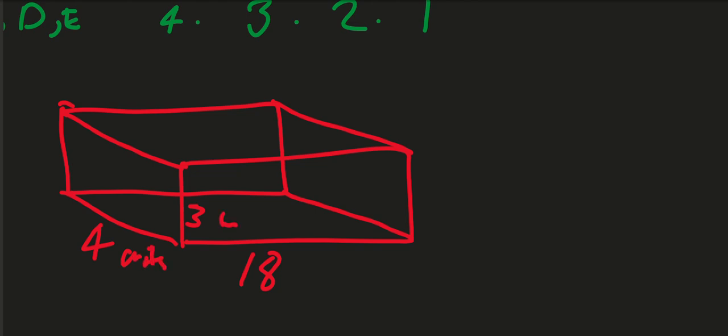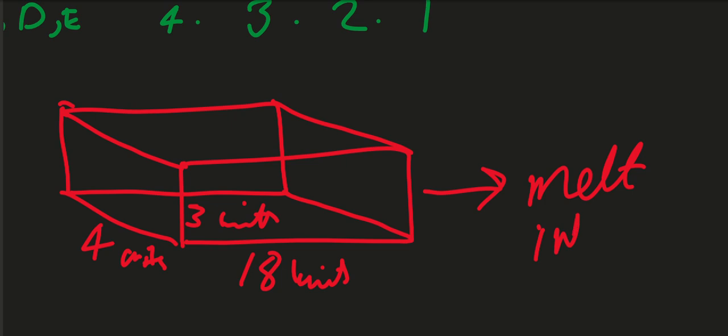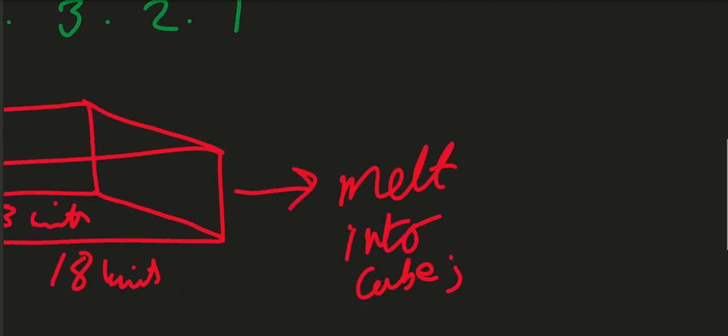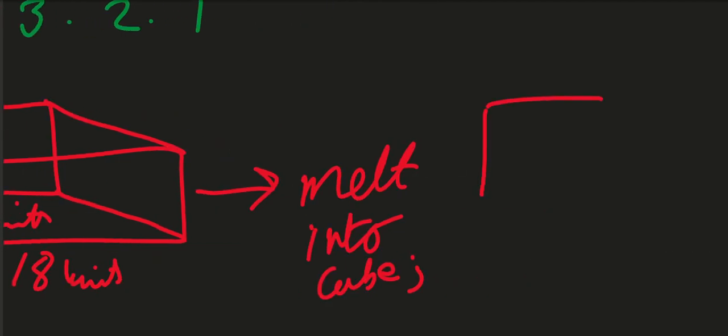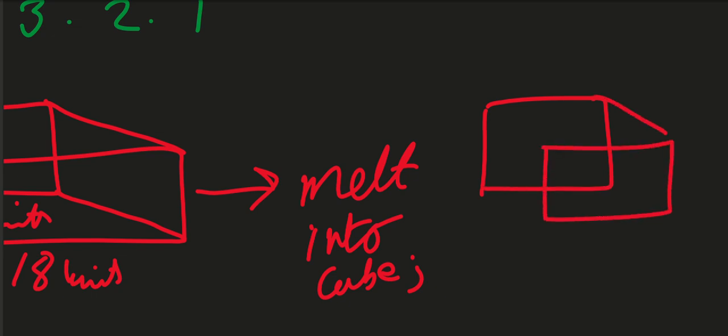Now, all these are in units, alright? They're just units. 3 units, 4 units, and 18 units. So what I'm going to do is melt this into a cube. Then I'm about to fill the cube that I make with 1x1x1 blocks.